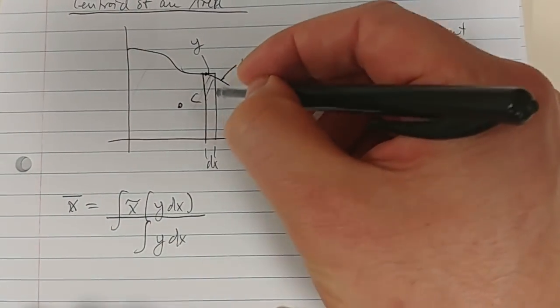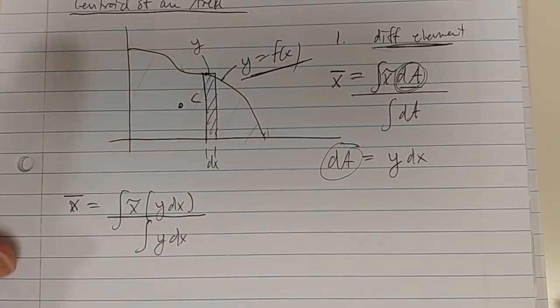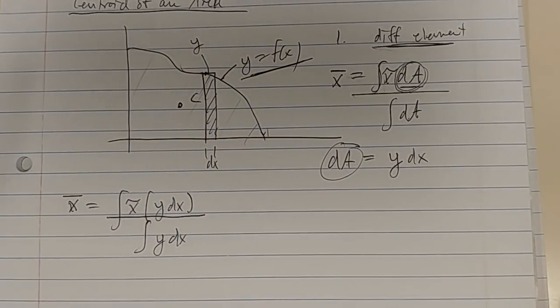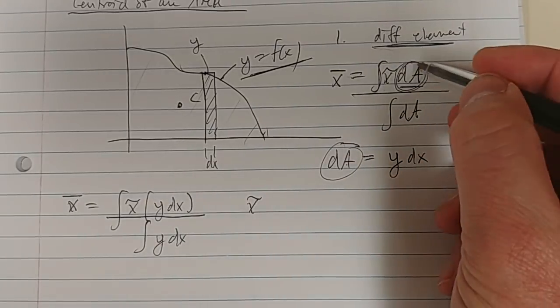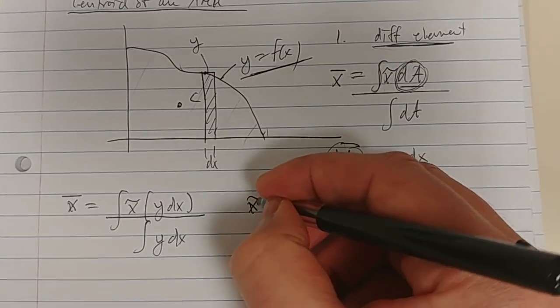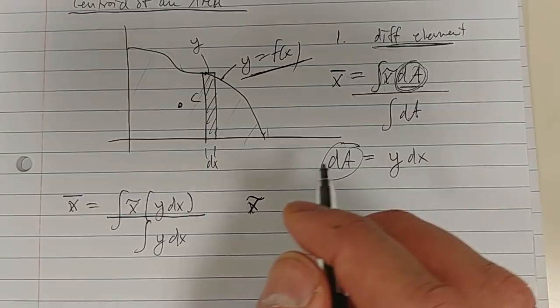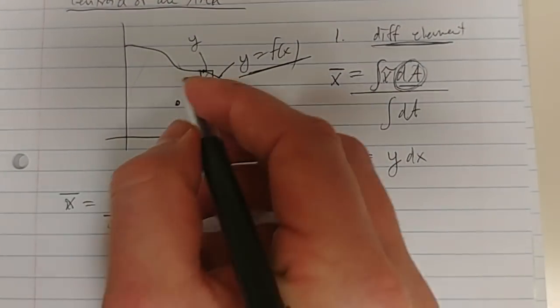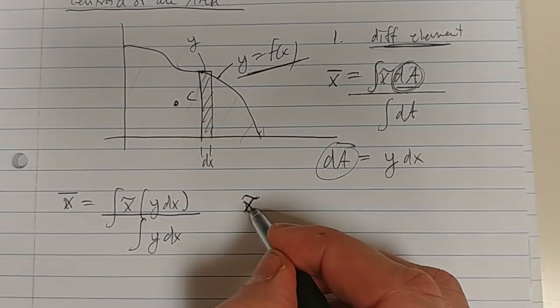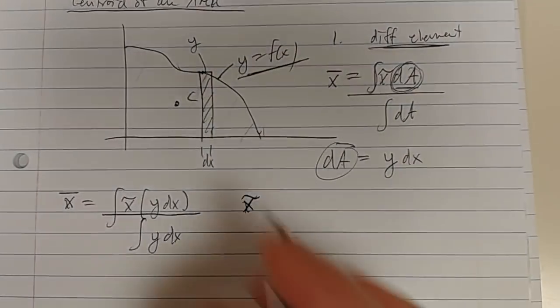It's the area of the differential element. Now what is x tilde? So we've sorted that out. What is x tilde? X tilde, again, is the location of the centroid of the differential element.